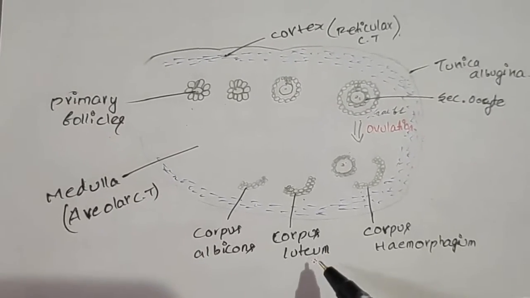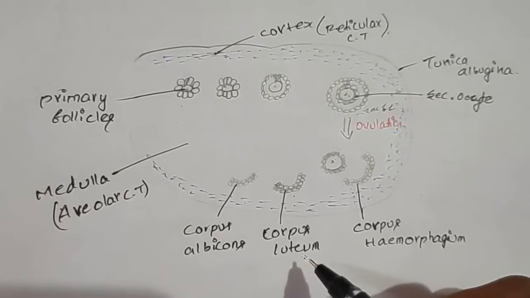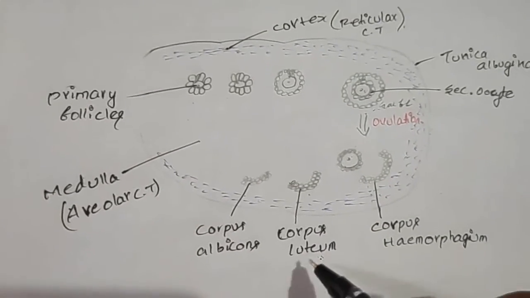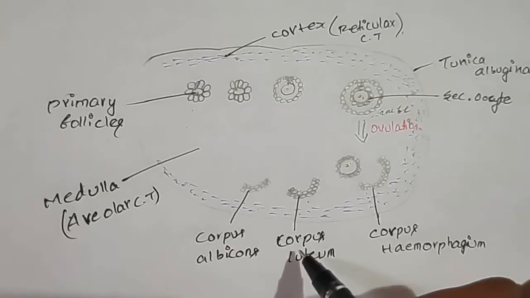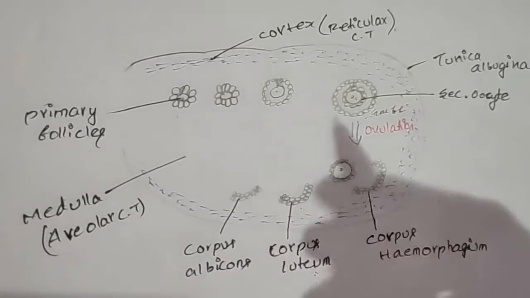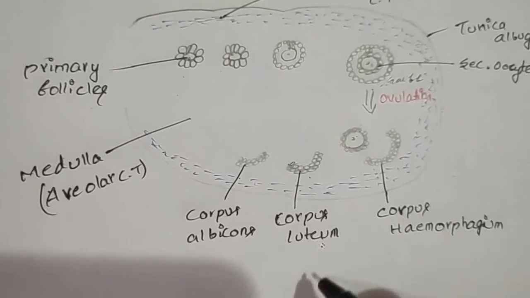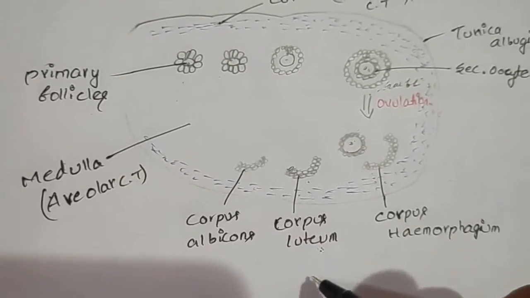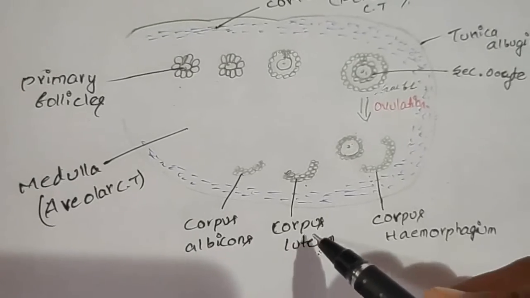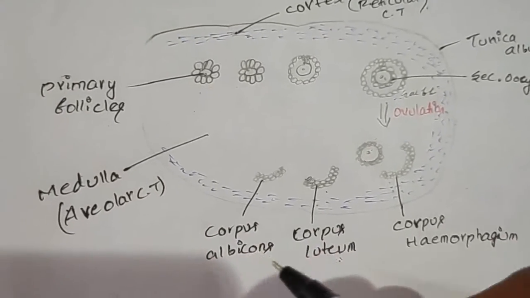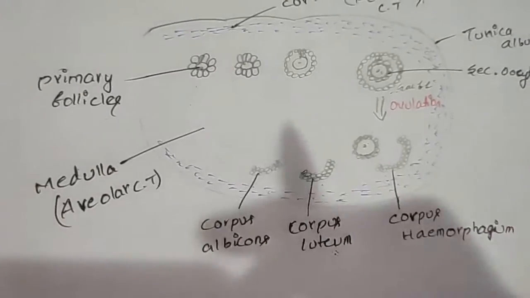It secretes progesterone, a female reproductive hormone. If fertilization occurs, this corpus luteum persists. If fertilization does not occur, the corpus luteum degenerates, and the stage is known as the corpus albicans.